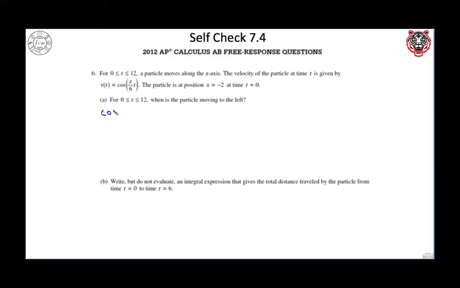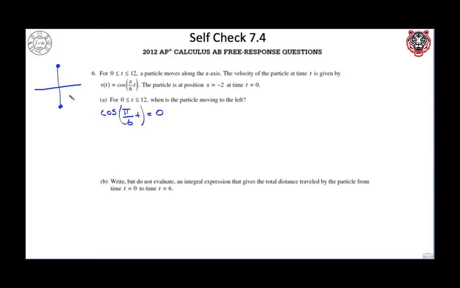So I want to say that cosine of pi over 6t, I need to set that equal to 0. So then we have to ask ourselves, when is cosine 0? If I look at this, left, top, bottom, or right, when is cosine 0? There's two places, on the y-axis, so the bottom and the top.